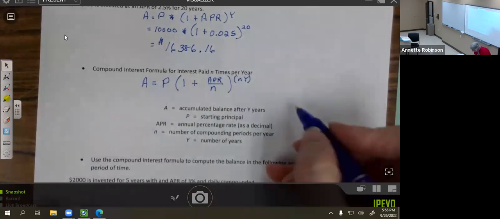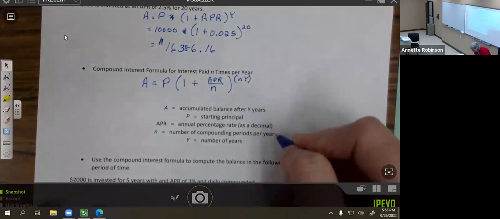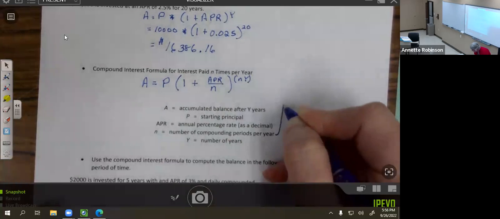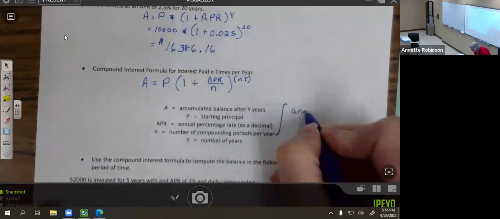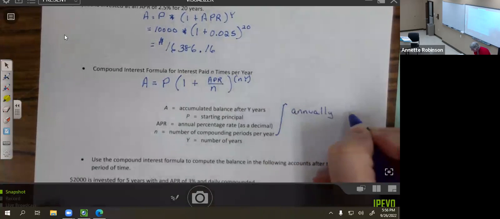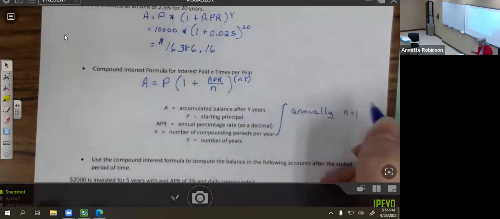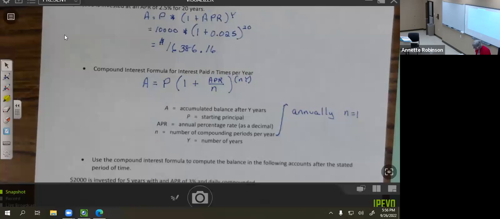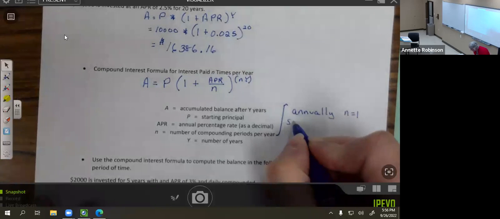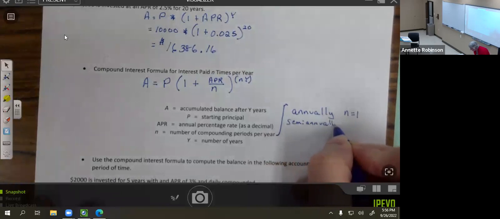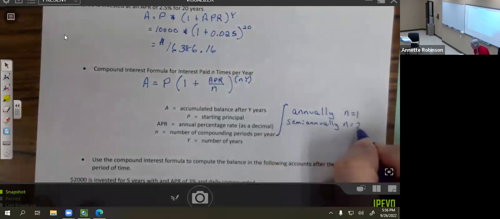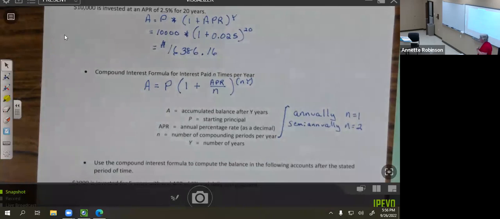Now, here's the information we need to know about N. If you're saying annually, it is 1 every year. If you were to do it semi-annually, that means it's happening twice a year. That's how most savings accounts are.